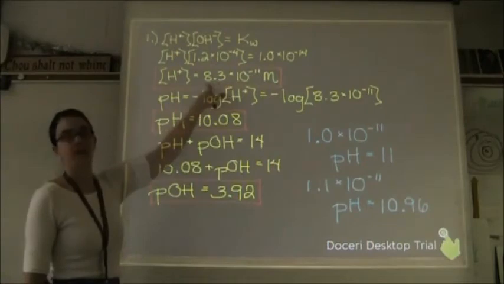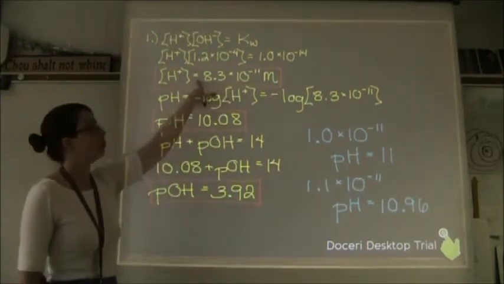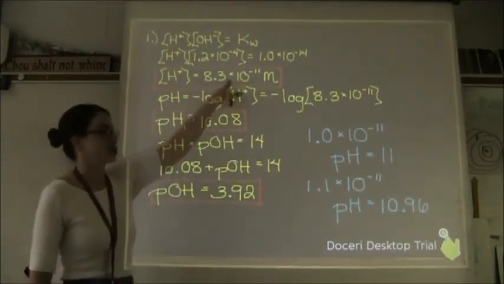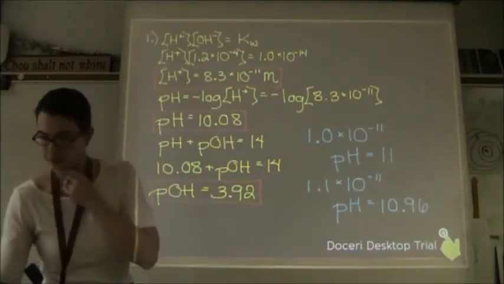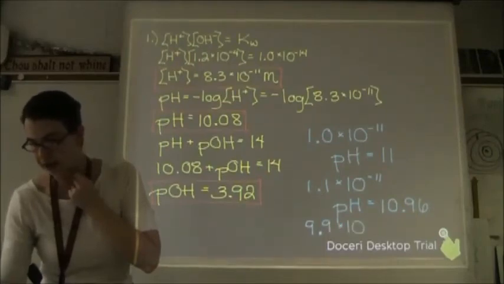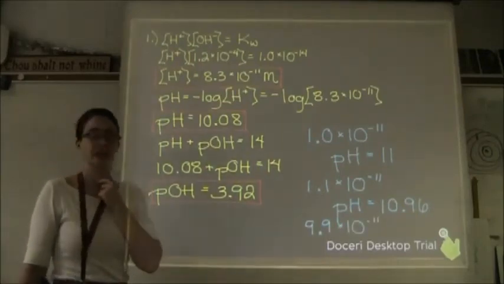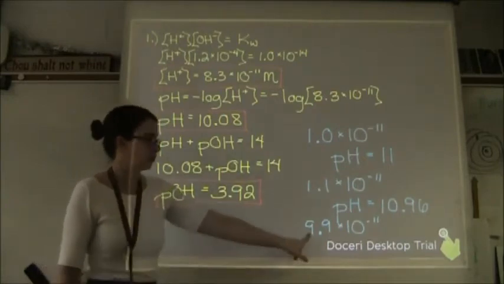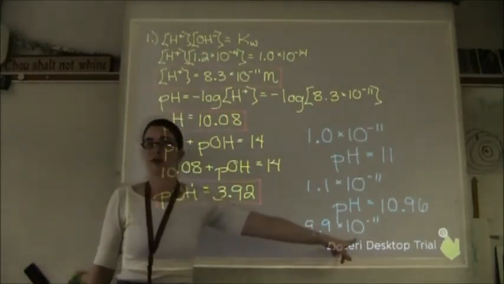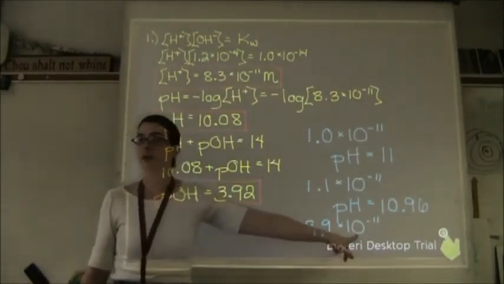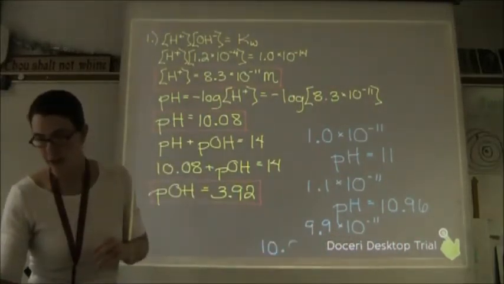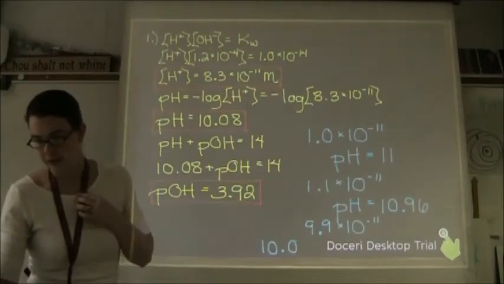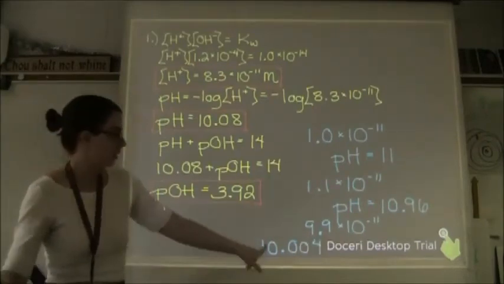This number is quite a bit greater than 1.0. So let's go extreme. What if I had 9.9 times 10 to the negative 11th? Put that in your calculator, what comes out? 10.004.